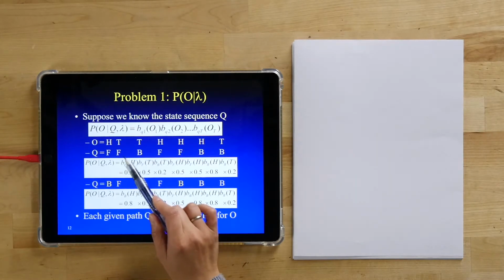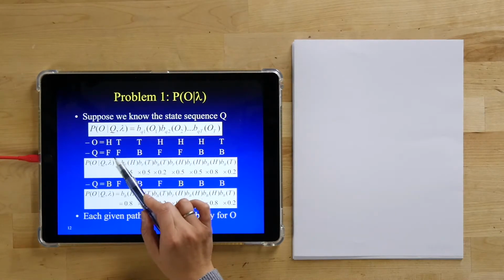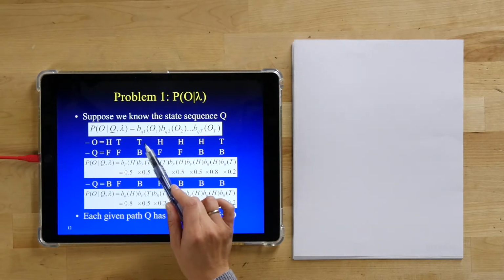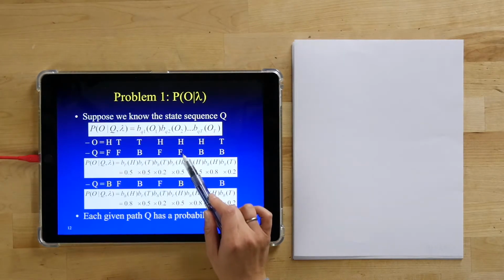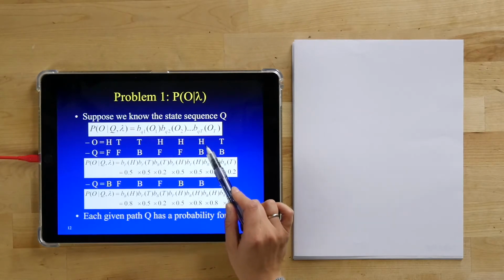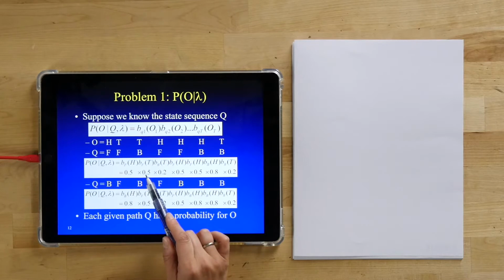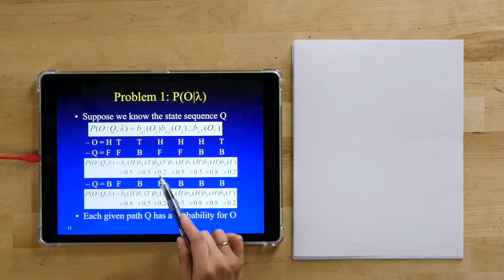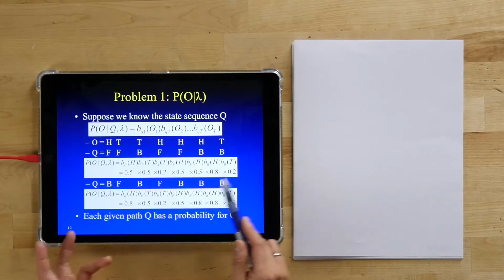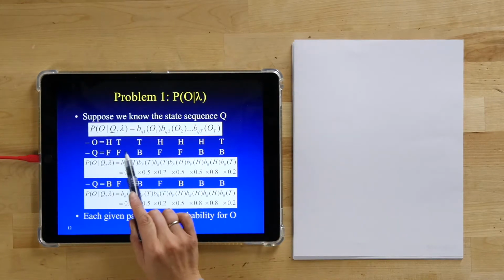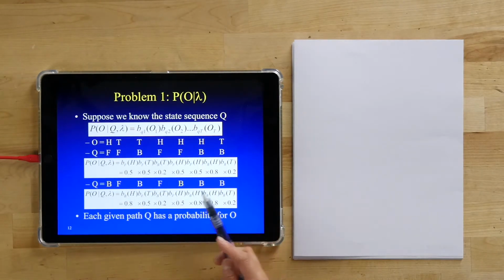And the second one, we have a fair coin giving a tail, a biased coin giving a tail, fair coin giving a head, fair coin giving a head, biased coin giving a head, and biased coin giving a tail. And each of them is an emission probability, and you just multiply them together because they are independent, if we already know the coins that are used.